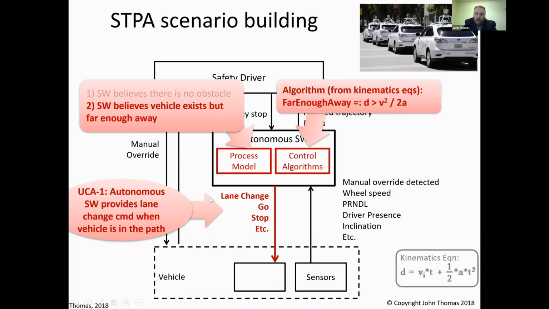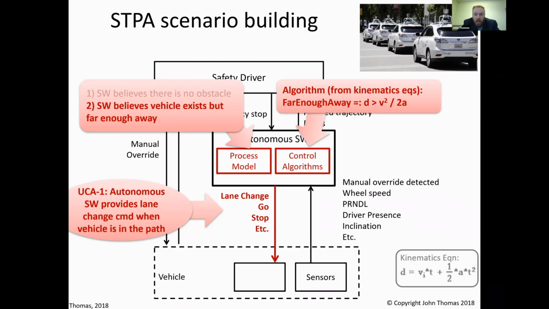Let's do it for V, relative velocity. What kind of measurement, or how can we characterize a problem in feedback for V that would lead to process model flaw number 2 and UCA number 1? If the measured speed is what? Yeah, right, remember this is relative velocity.